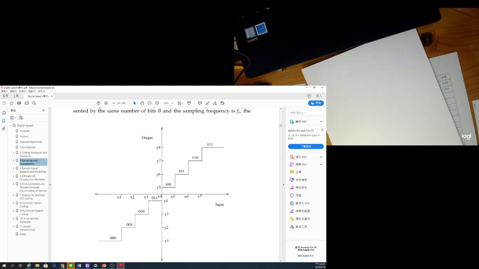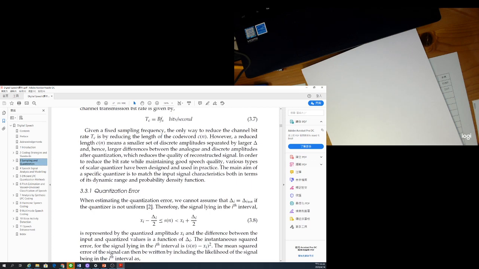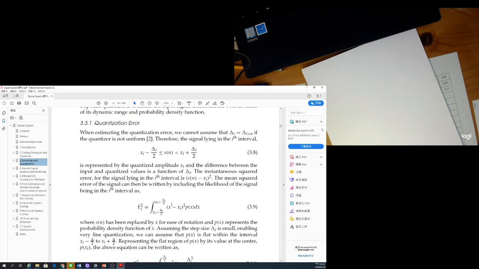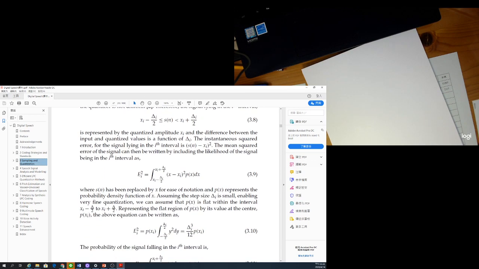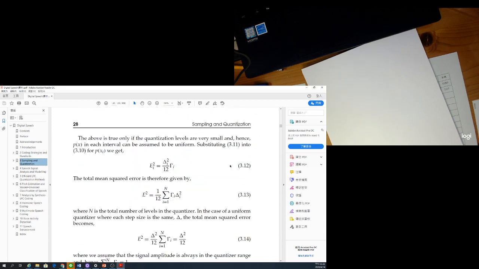However, S4 to S5 will be represented by y5. y5 is one value, and its encoding bits are 100. Later on, we talk about the quantization error. This is already present in our presentation file. Today we just briefly review because we talked about the details in the last lecture.